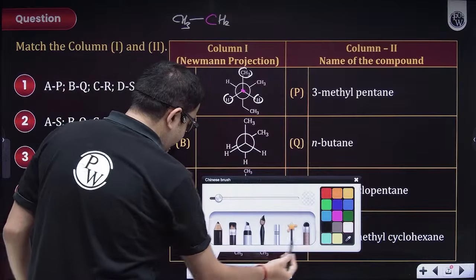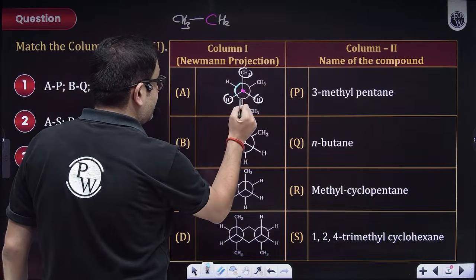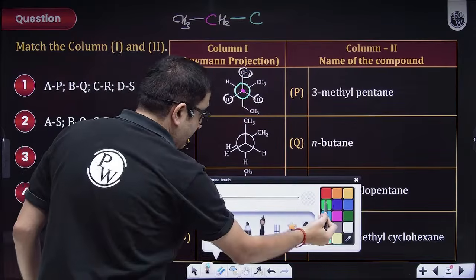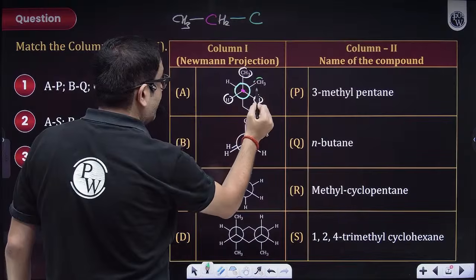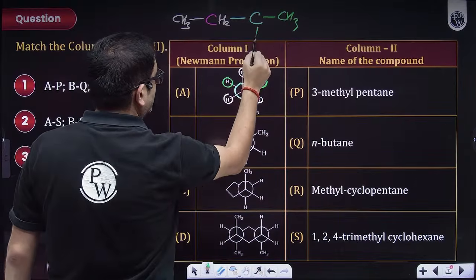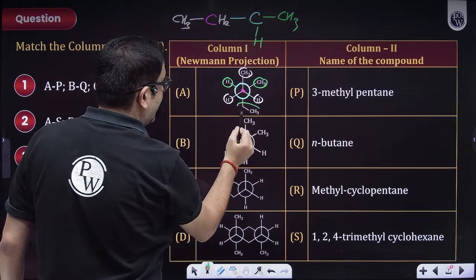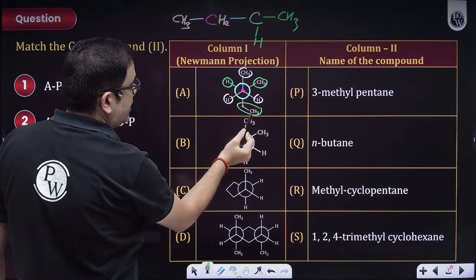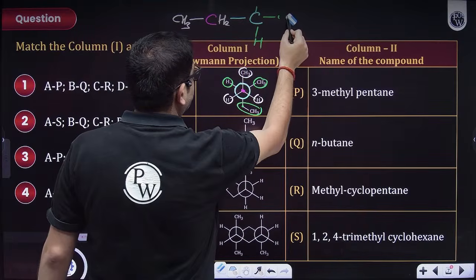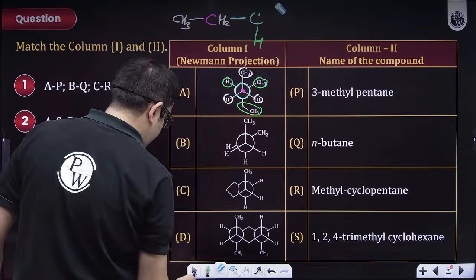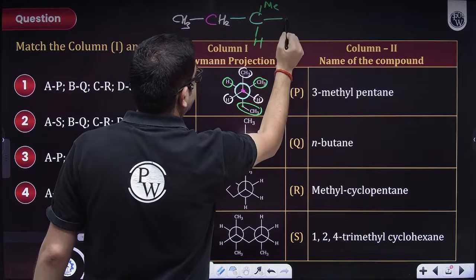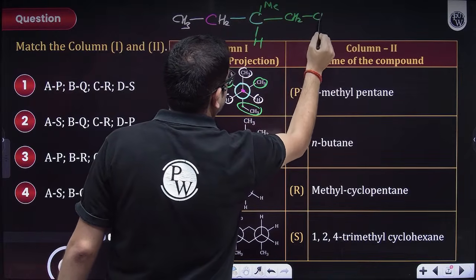This is my back carbon, having one methyl, one hydrogen, and one ethyl group, because this is also a carbon: CH2, CH3, that means ethyl. Let me draw this methyl as Me here, which will save some space, but it has ethyl as CH2, CH3.